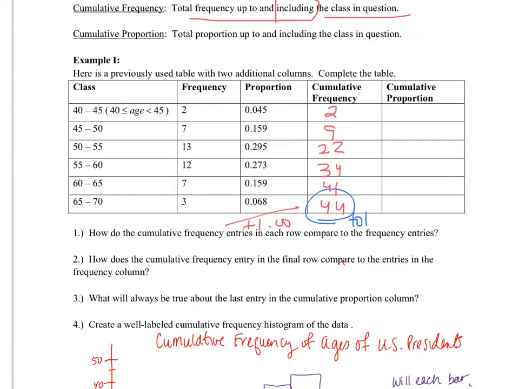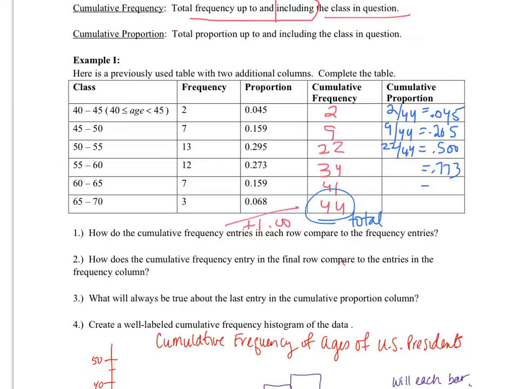Now when we're dealing with a cumulative frequency and a cumulative proportion, our final number is always going to be our total number of data, and our cumulative proportion is always going to add up to 1. So in this case, I would do 2 out of 44, 9 out of 44, 22 out of 44, and so on. And each of these decimals would represent the proportion of the total data that was at that point or below.